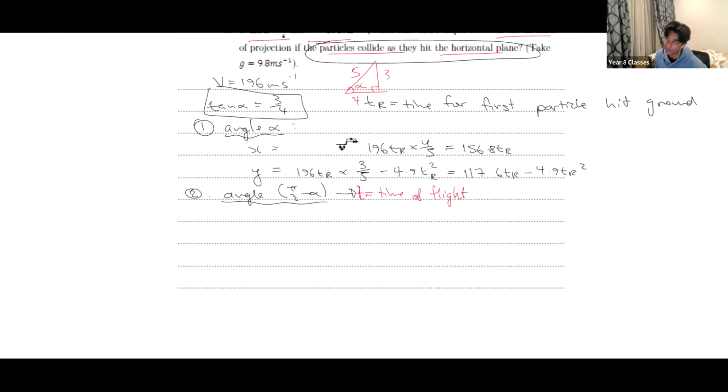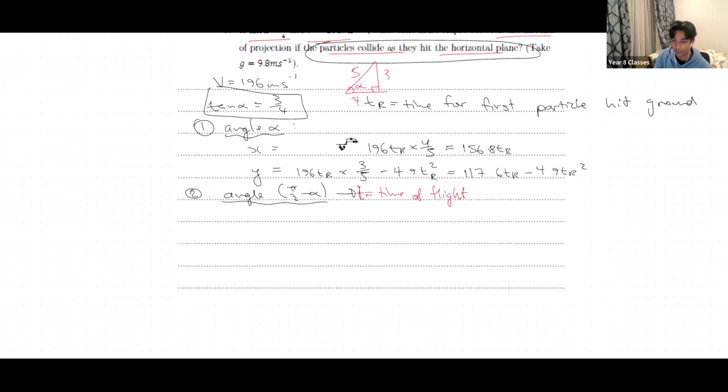Time of flight of the second particle will be shorter. Yes, it will be shorter. That's exactly correct.